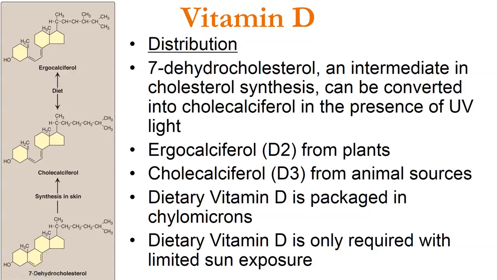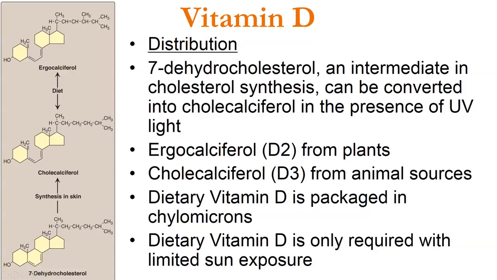There's also other forms, ergocalciferol from plants, and cholecalciferol, which is what we converted this intermediate in cholesterol biosynthesis to, from animal sources. Dietary vitamin D is packaged into chylomicrons, just like what happens with vitamin A, right? So that's easy to remember.